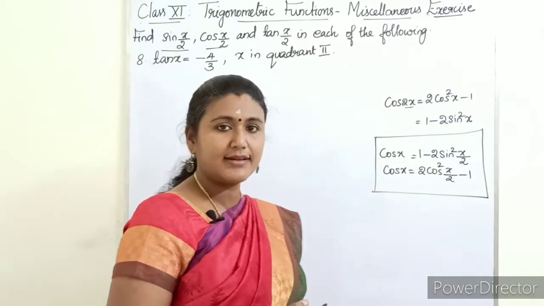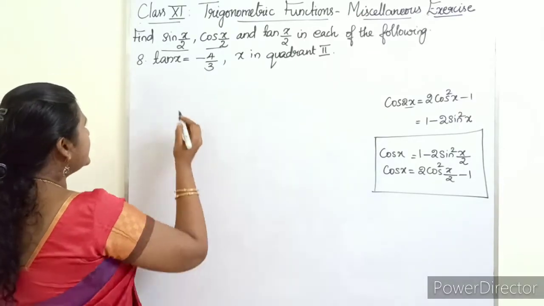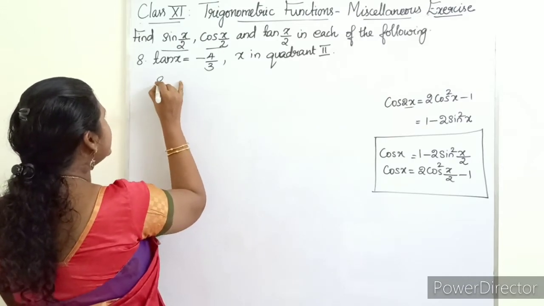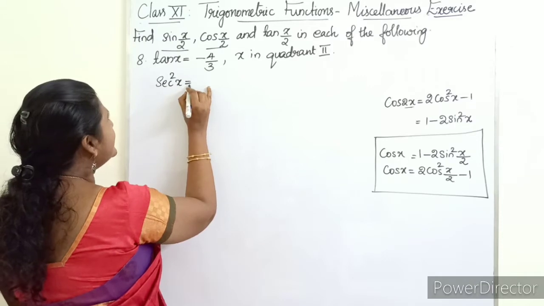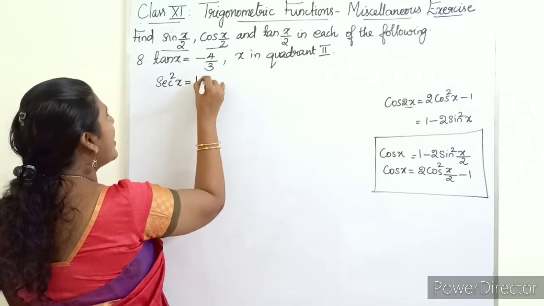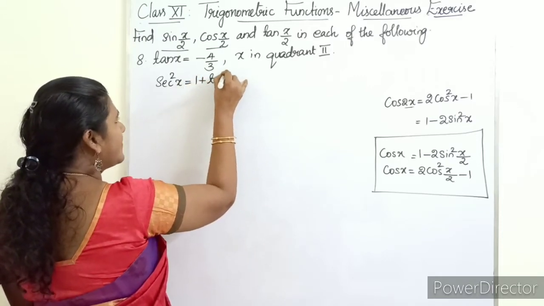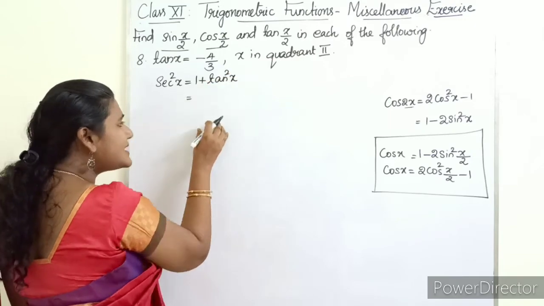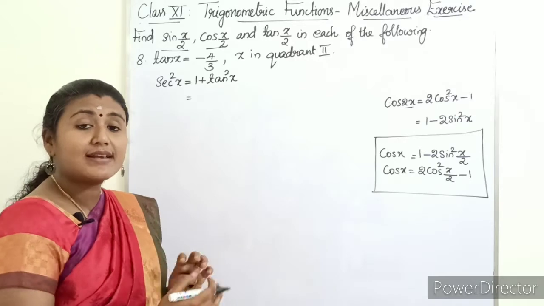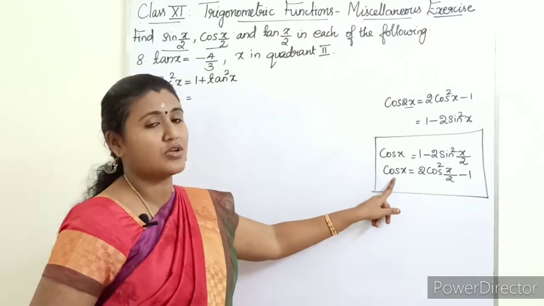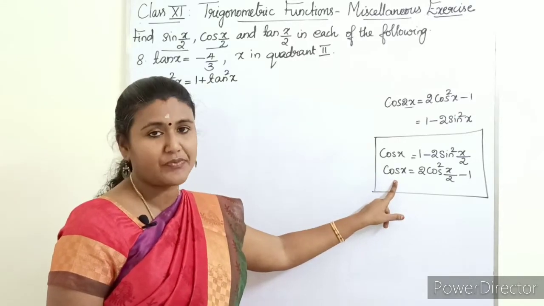We have already learned that identity: sec square x minus tan square x is equal to 1, or we can write sec square x is equal to 1 plus tan square x. So we will use this identity and find the sec x value, because the reciprocal of sec x is cos x. So we can find the cos x value.